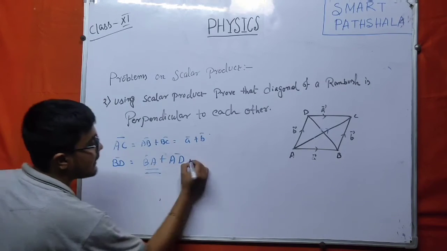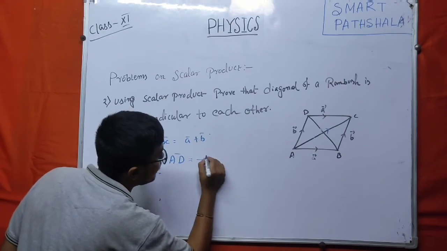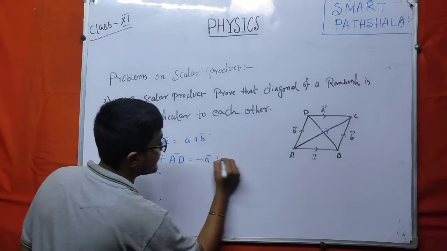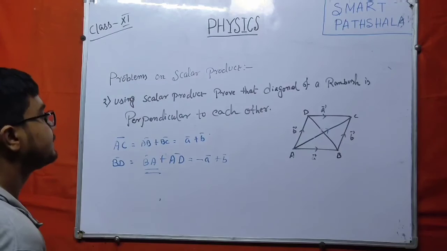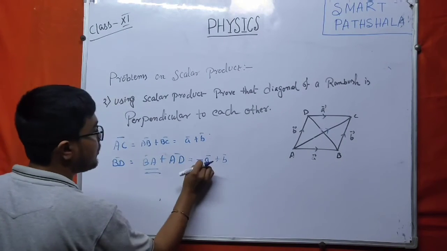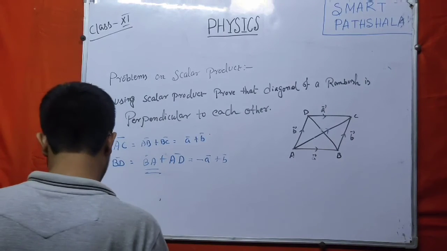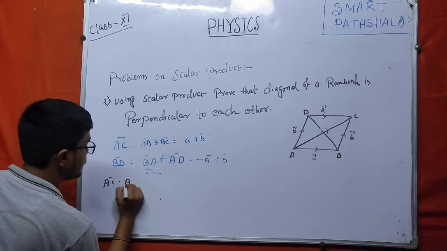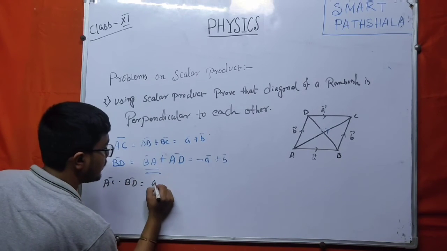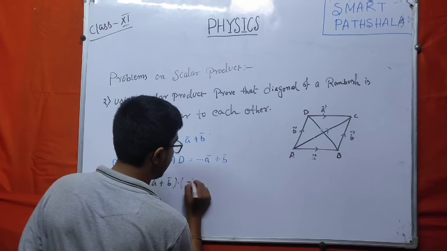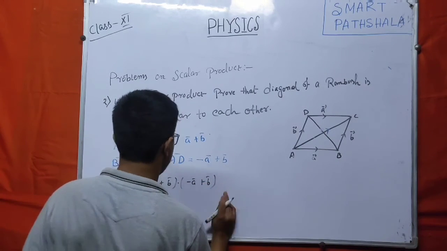BA means negative of A, that is A in negative direction, plus B. Then BD is equal to minus A plus B. Now simply do the dot product of these two vectors: A vector plus B vector dot minus A vector plus B vector.